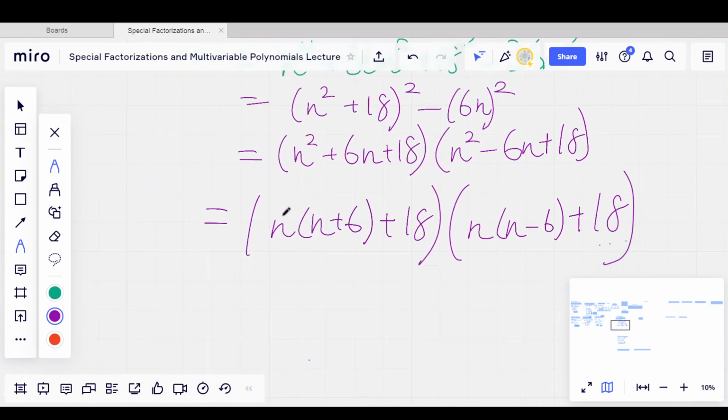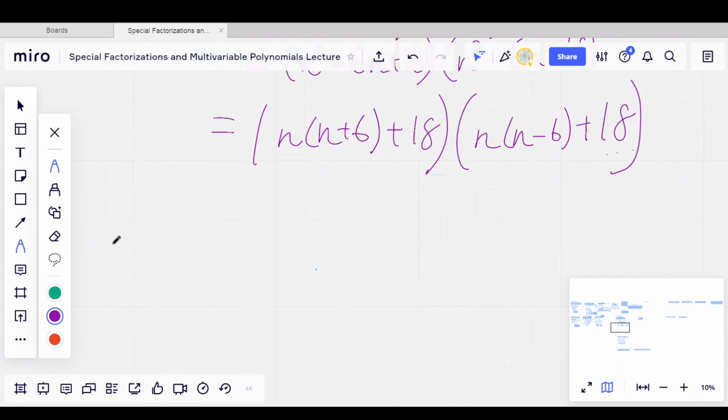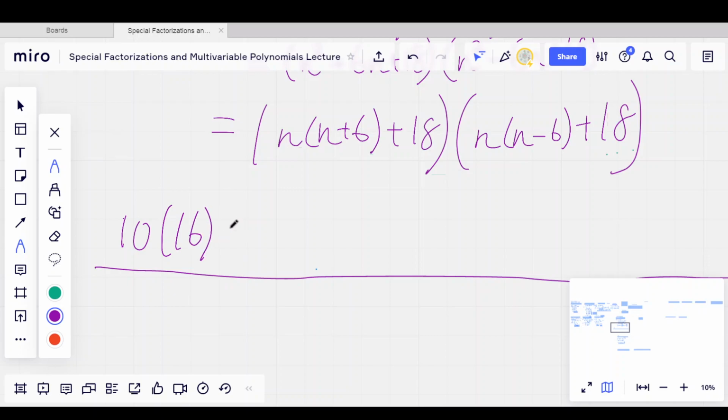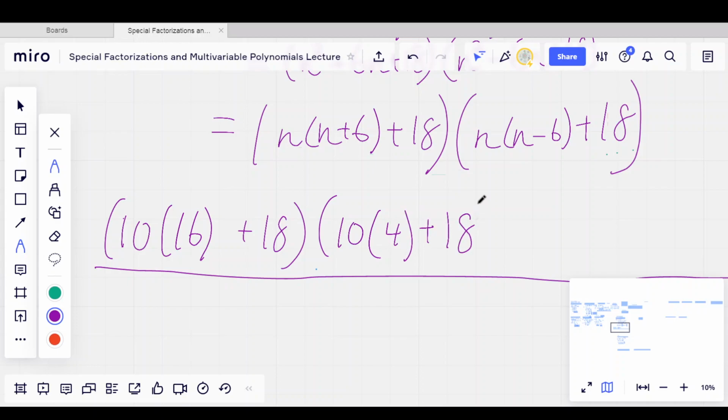So what we do is just we look for which terms to cancel. So it's going to be a very long denominator. So now the first term is 10, right? n equals 10. So f of 10 is just 10 times 16 plus 18, times 10 times 4 plus 18.